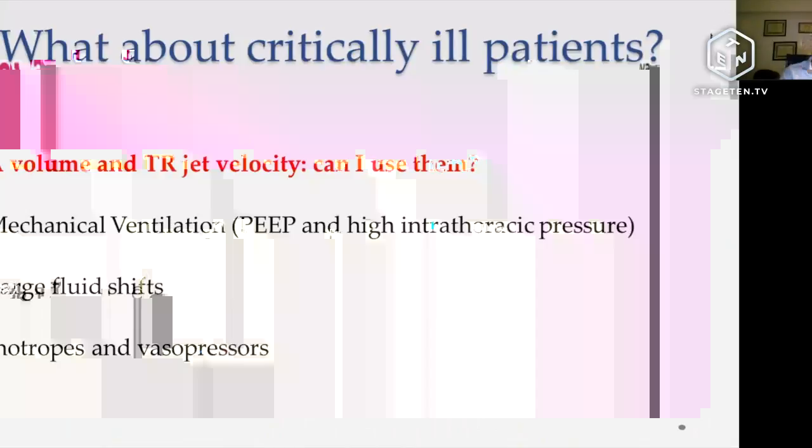So the other two parameters are probably more reliable, because they are less influenced by loading condition. We know that the tissue Doppler imaging is less influenced by loading condition, but we don't know the action of inotropes, vasopressors, and their dose, and how they can modify the tissue Doppler imaging.